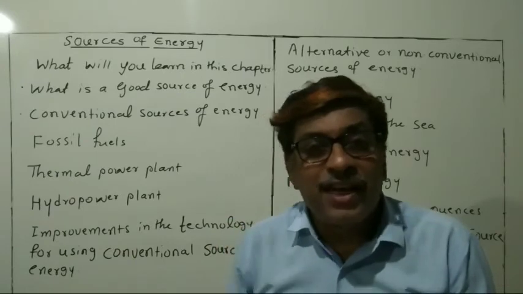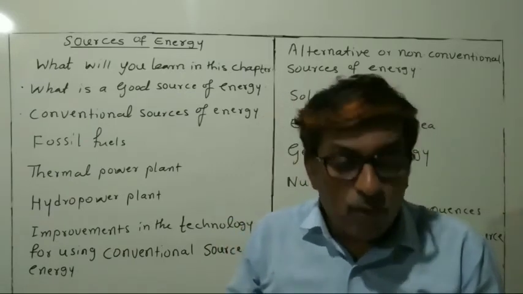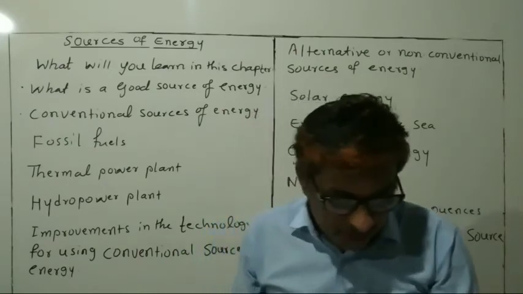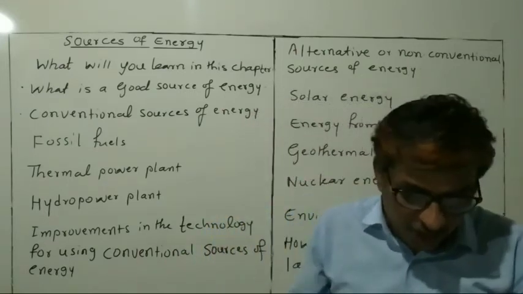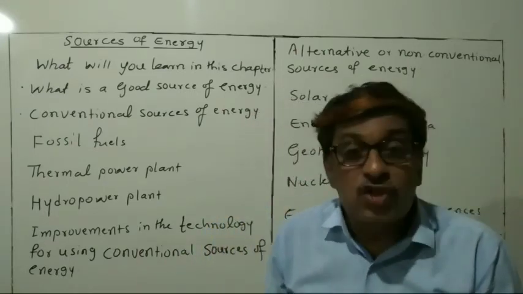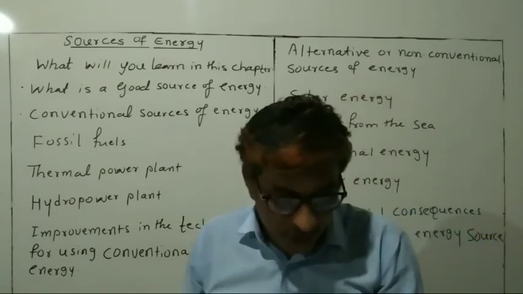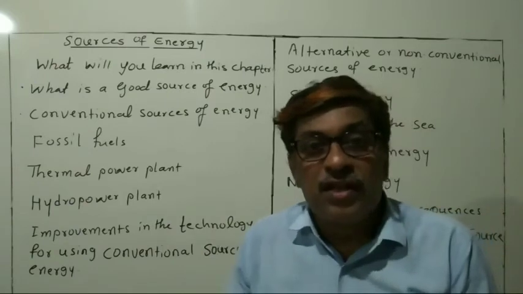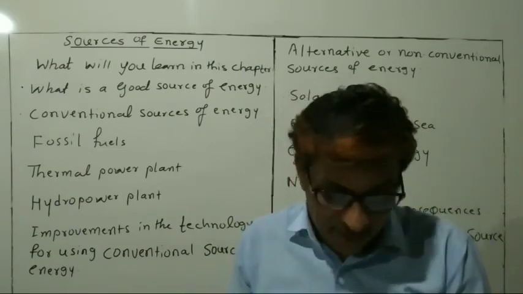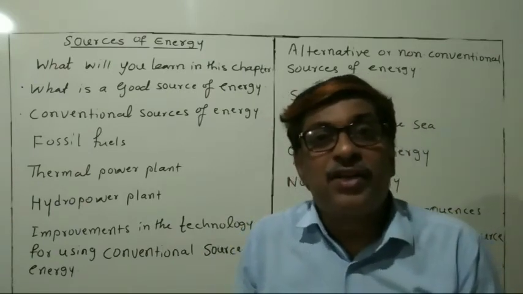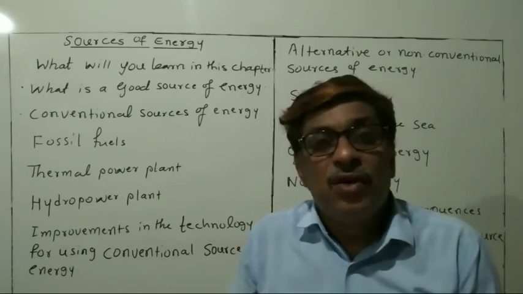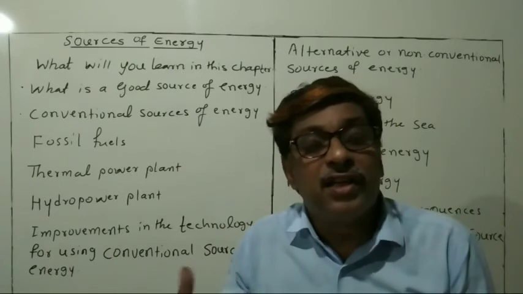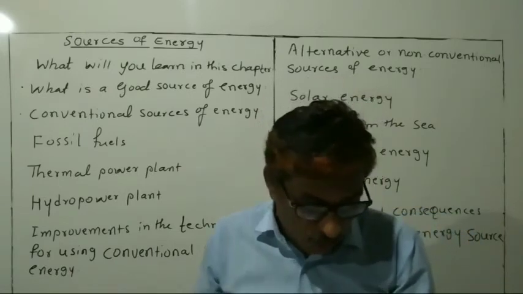The second example: if you light a candle, the chemical energy in the wax is converted to heat energy and light energy on burning. After using this, you will not get it back again. That is why we depend on energy and also think about energy.